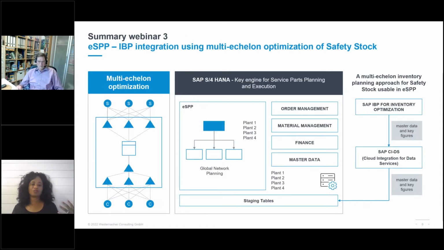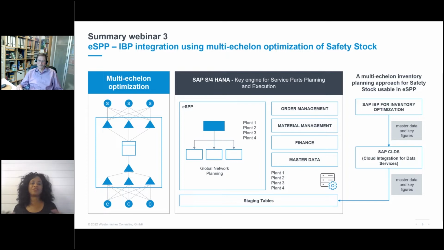So during webinar 3, you learned about eSPP integration with IBPI, to provide inventory optimization along the entire network and not just location by location. eSPP incorporates a heuristic-based approach for inventory planning, but currently it does not have a true multi-echelon inventory optimization, which is why we provide an integrated solution with IBPI.